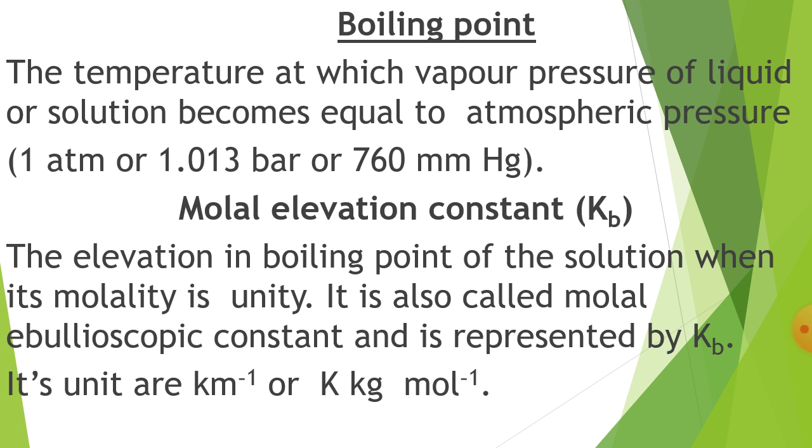In that condition, that temperature is known as the boiling point. Just like for water, the boiling point at 1 atm is 100 degrees. That means at 100 degrees, water in the form of liquid and water in the form of gas both exist.